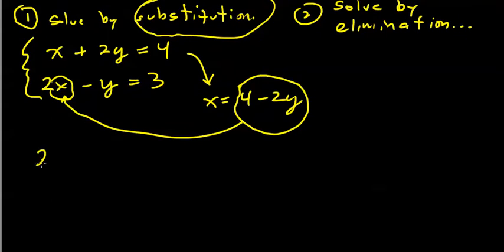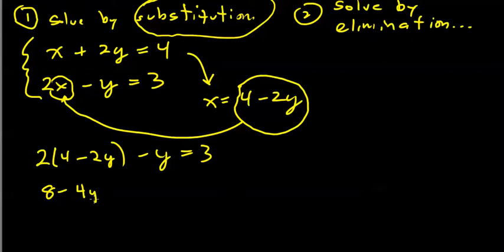Then I'll have one equation with one unknown, and I can solve for y very easily. Let me grind that out. 8 minus 4y minus y equals 3. 8 minus 5y equals 3.